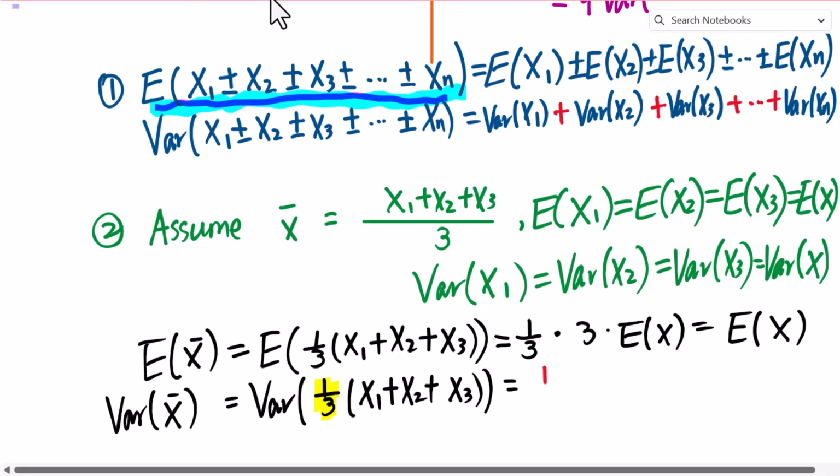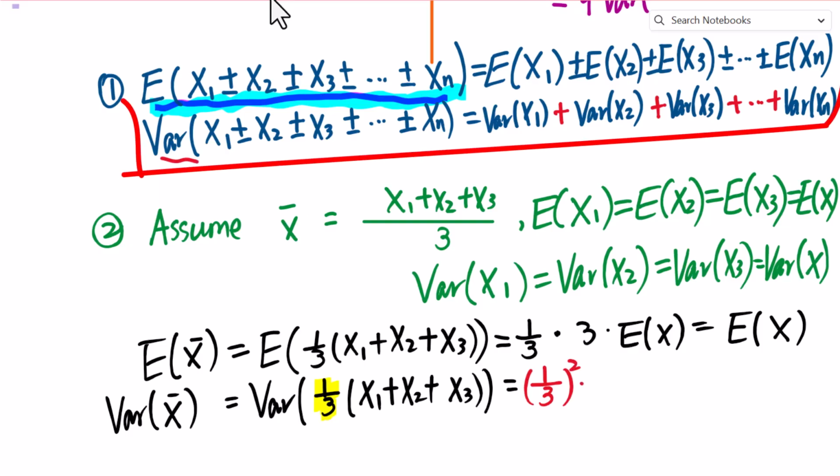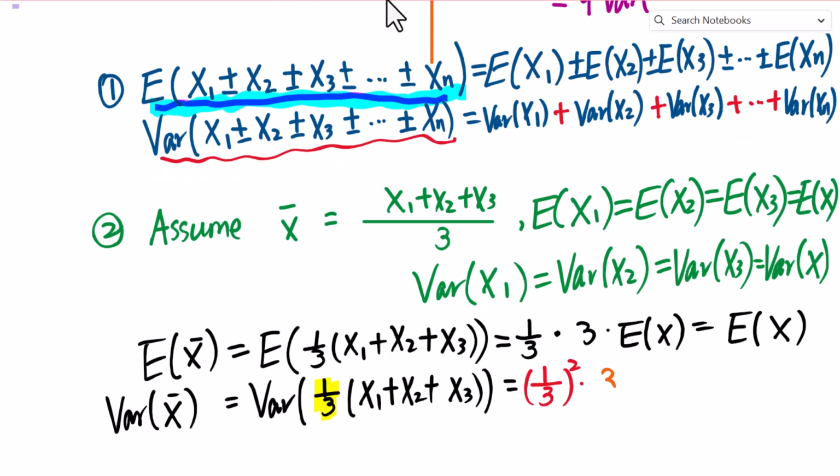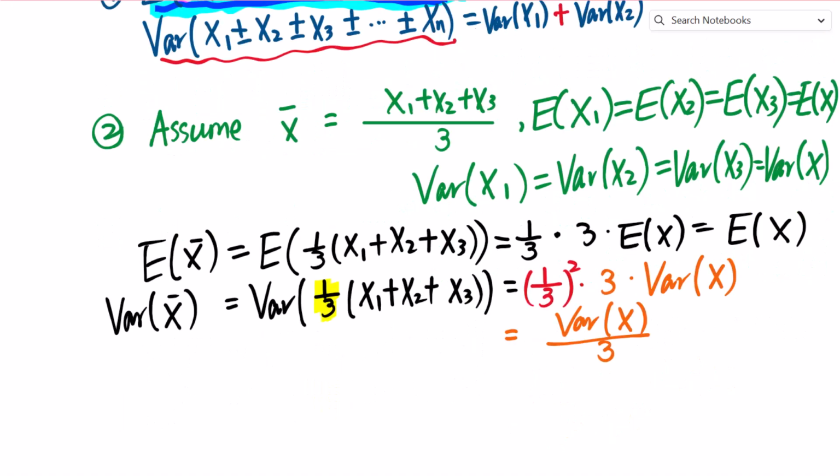So we get 1/3 squared times, use this formula, 3 times variance of X. Simplify: variance of X over 3. Pay attention to this 3.